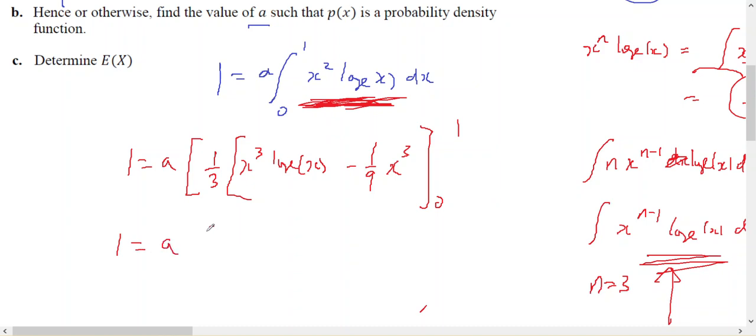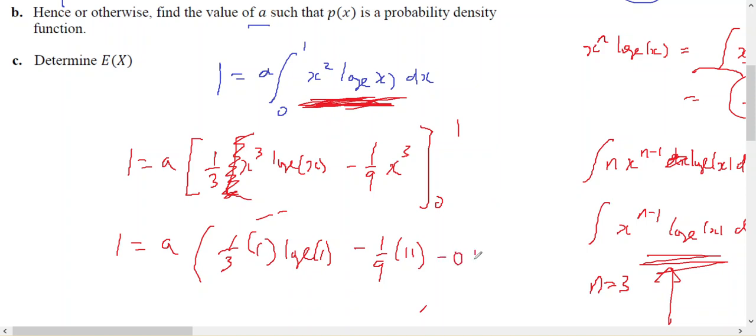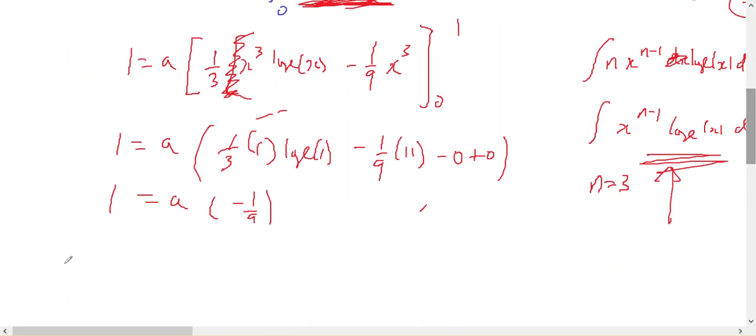So 1 equals a times 1/3 times 1 times log_e(1), minus 1/9 times 1, minus 0 plus 0. So 1 equals a times negative 1/9. a equals negative 9.